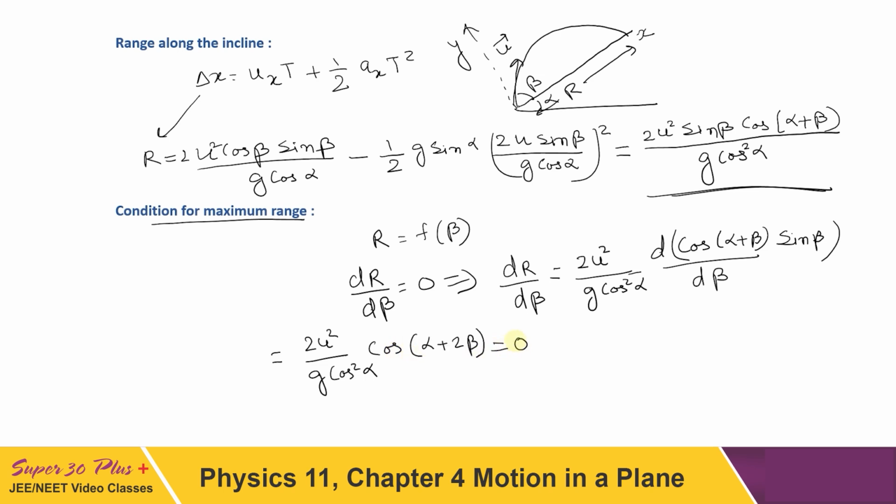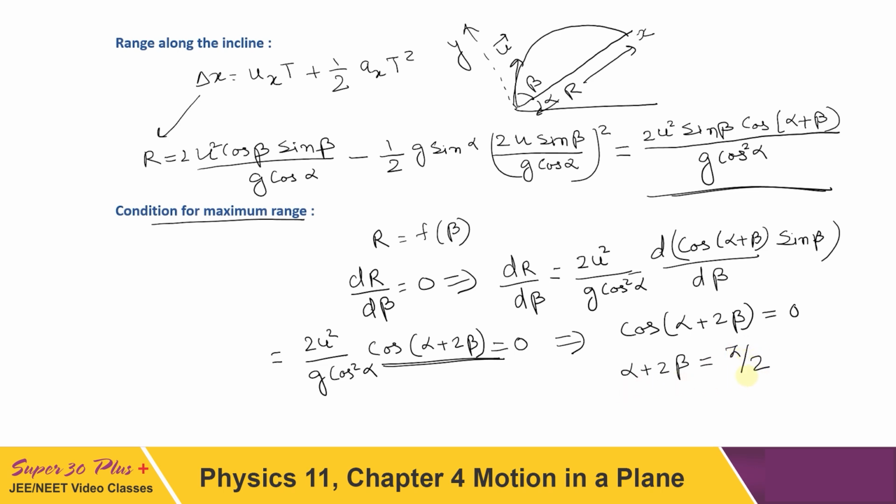This will come as 2u square upon g cos square alpha times cos alpha plus 2 beta, which has to be equal to 0. What does this mean? Because the first term, which is 2u square by g cos square alpha, cannot be equal to 0, for this entire expression to be equal to 0, this term has to be 0, which is cos alpha plus 2 beta. And the general solution would be alpha plus 2 beta is equal to pi by 2, as we know that cos pi by 2 is 0.